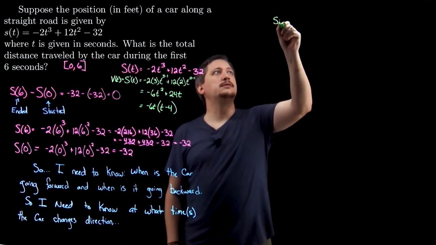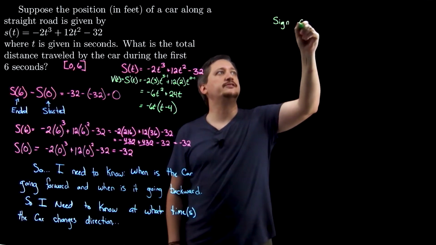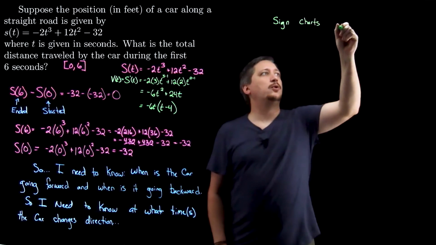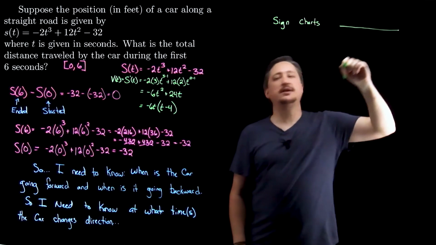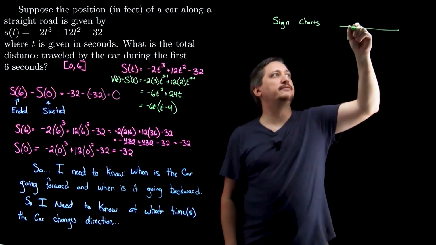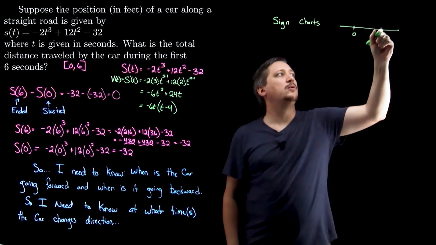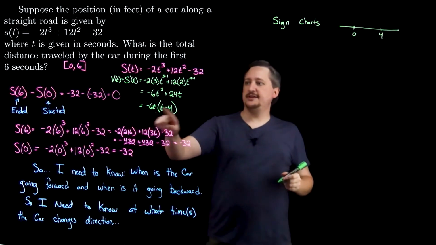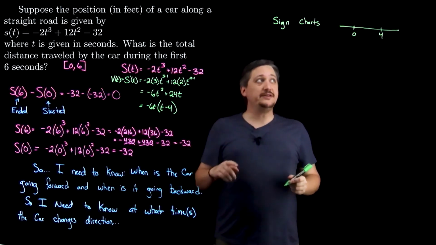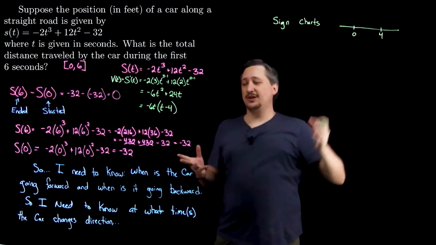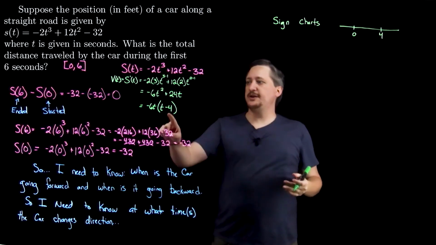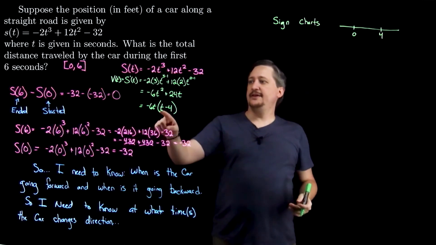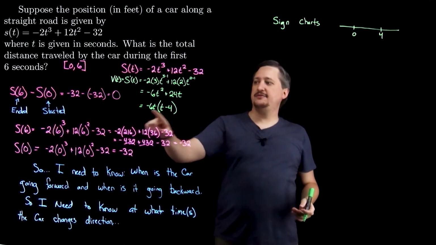Sign chart. So remember, sign charts, super useful in calculus. So I'm going to draw up my little number line. I'm going to put the zeros of my functions. I have 1 at 0, 1 at 4, and then I'm going to test my signs here. So really the only ones I care about are these two, but I'll do all of them just because why not? So if I pick some giant negative value, like -1 billion, then this is going to definitely be negative.